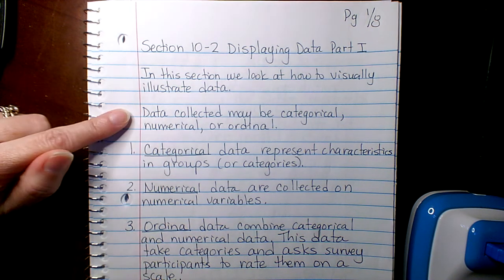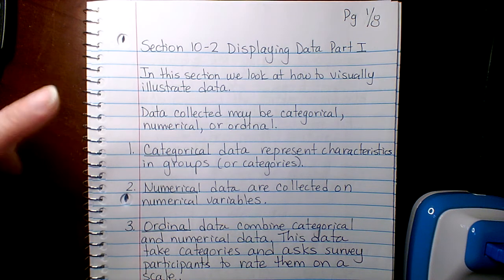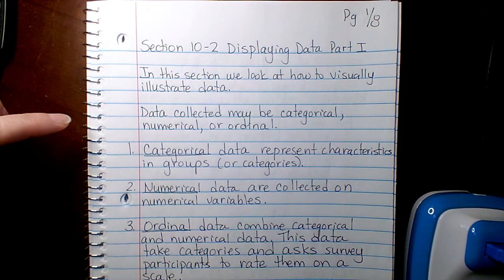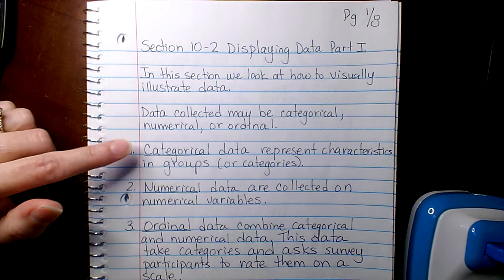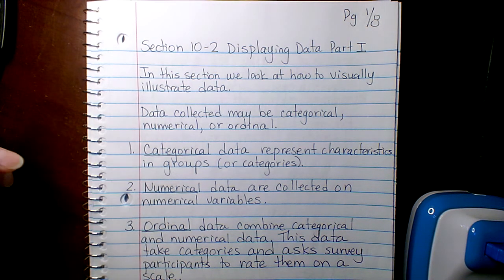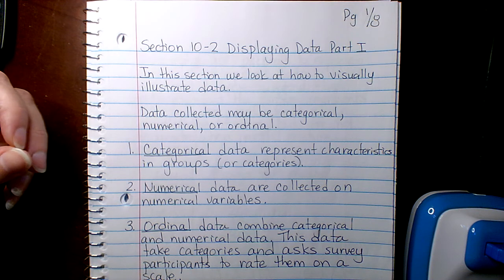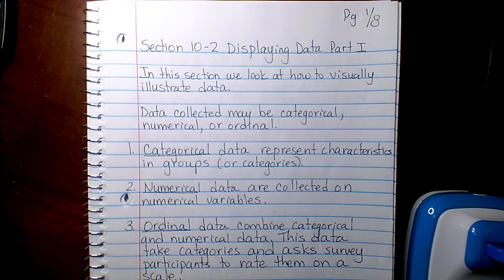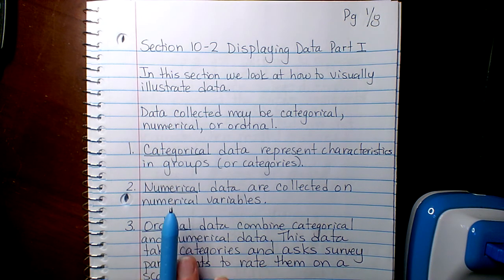First of all, data. So it can be categorical, numerical, or ordinal. Now, what does that mean? Categorical is just like the name implies. It's categories. So it's data represented in groups or categories, you know, like breed of dogs, makes of cars, things like that. You can have numerical data. Okay? Numerical data is, as it implies, numbers, right? And then there's ordinal data.